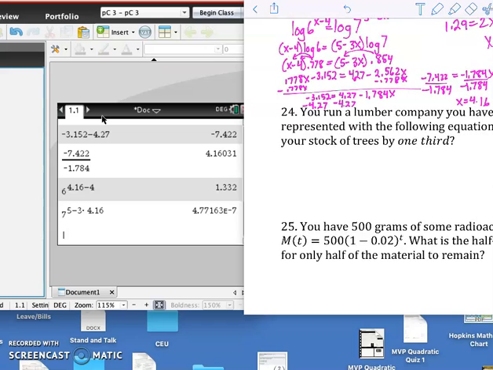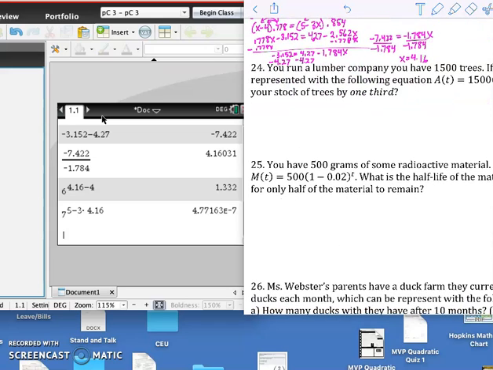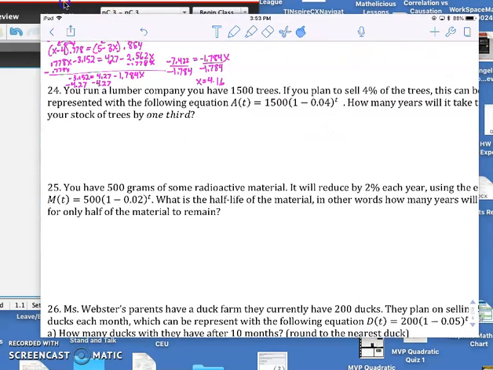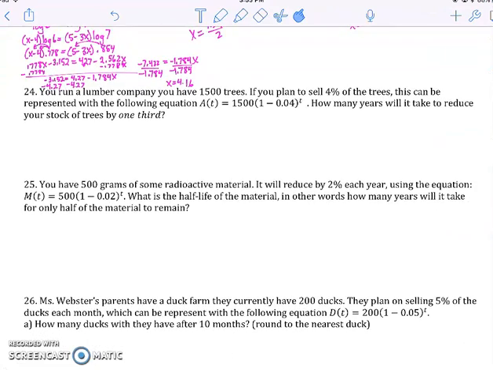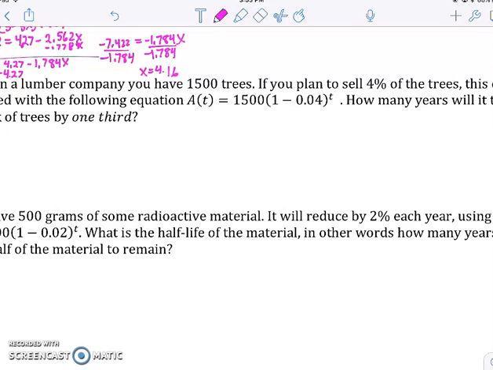So this last couple here, you run a lumber mill company and you have 1,500 trees. So if you want to sell, what does it say here? You plan to sell 4% of the trees. This can be represented by the equation. How many years will it take to reduce it by 1/3? Well, 1/3 of our trees would mean we only have 1,000 left. So we have 1500 times 0.96 to the t power. Well, we have to solve for t.